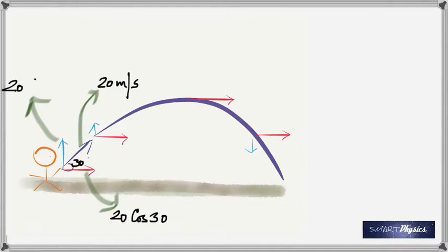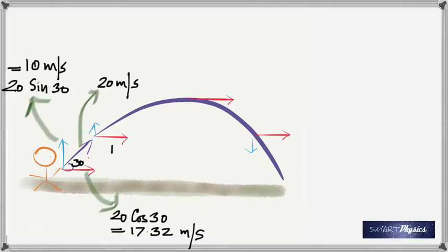which comes out to be 17.32 meter per second, and the vertical, as you can see, is 20 sine 30. So this is what you got to do when you deal with projectiles.